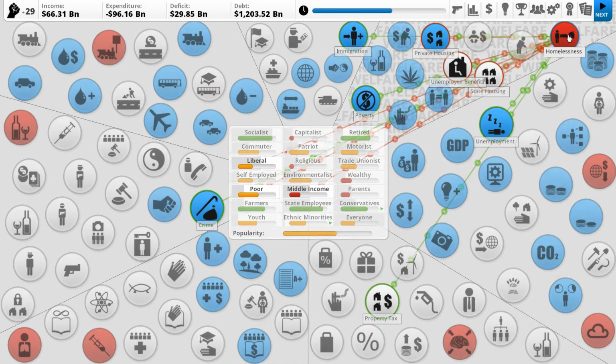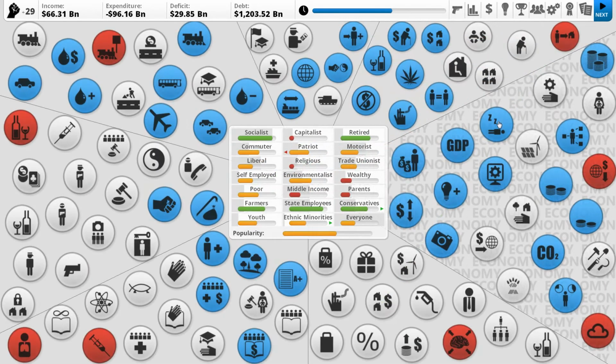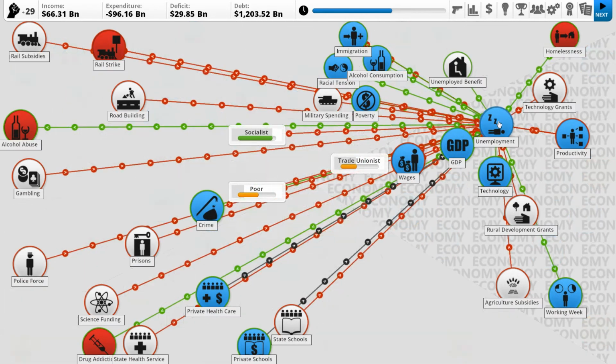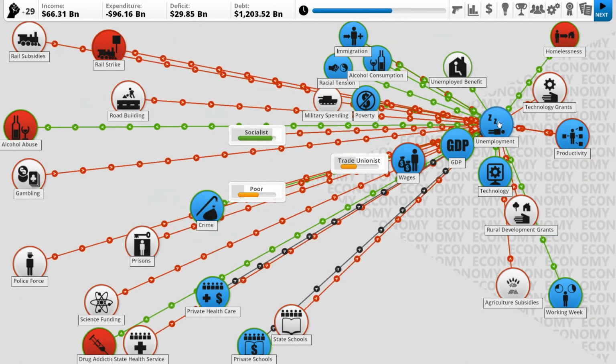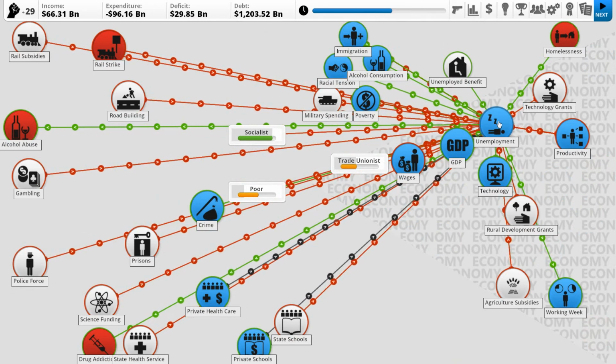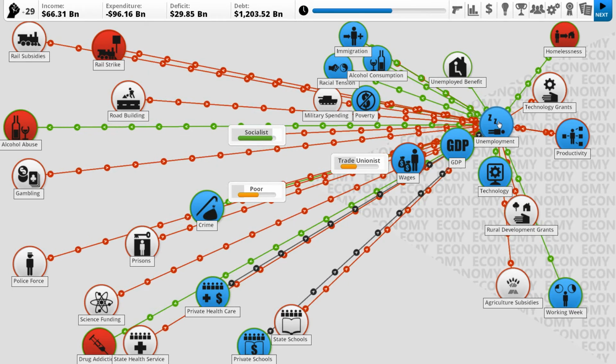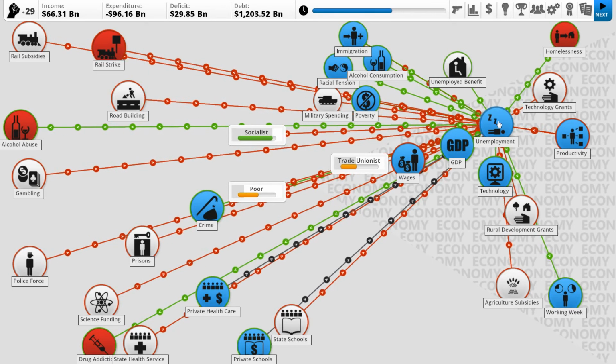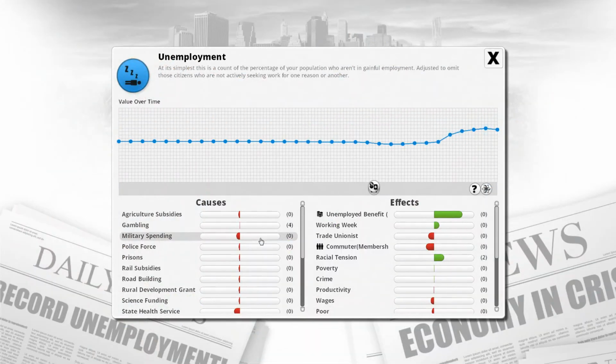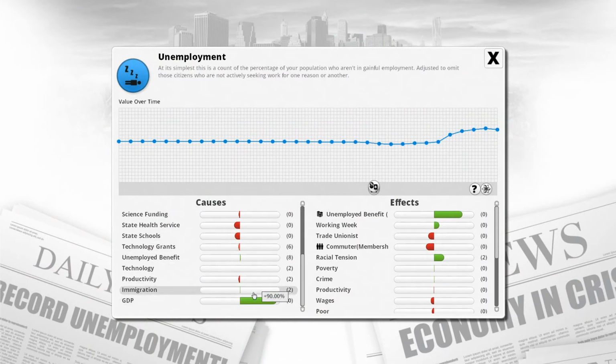So, unemployment. Alright, so we need to look for green arrows going to unemployment. There's like nothing. Everything is lowering unemployment. Come on now.